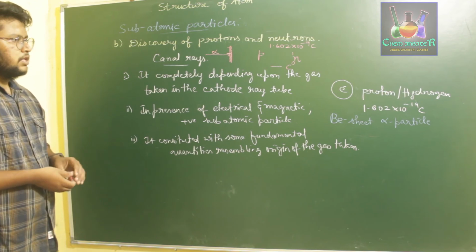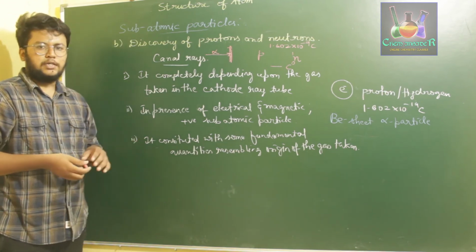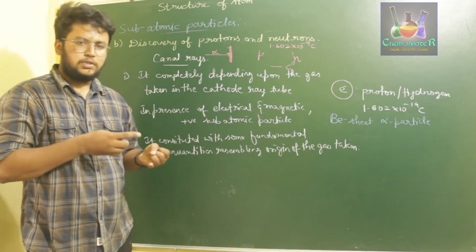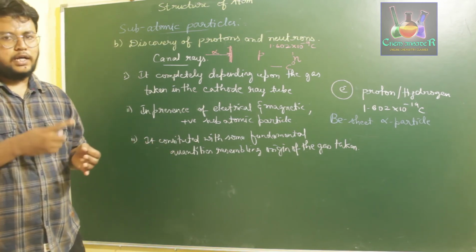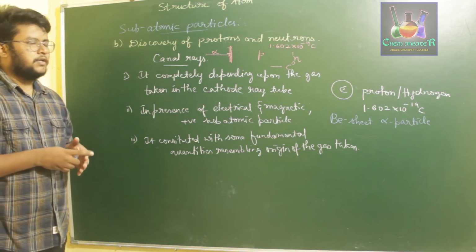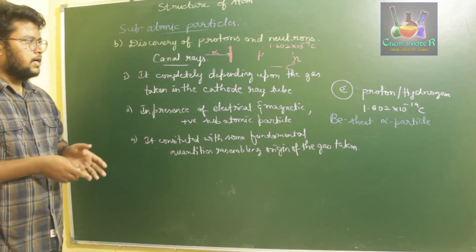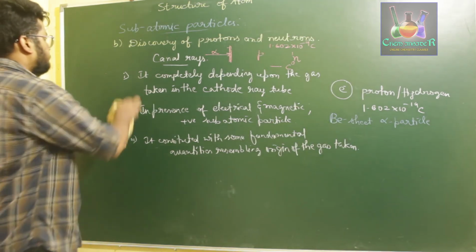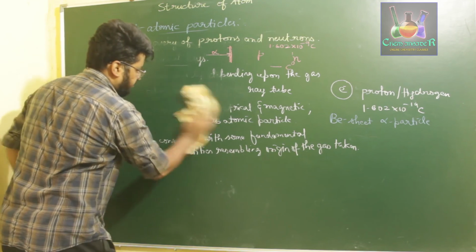So using these conclusions, in the present situation we have three subatomic particles of an atom: electrons, protons and neutrons. These are given a specific charge and mass value, and there is a specific charge to mass ratio. We'll write them down one after the other.